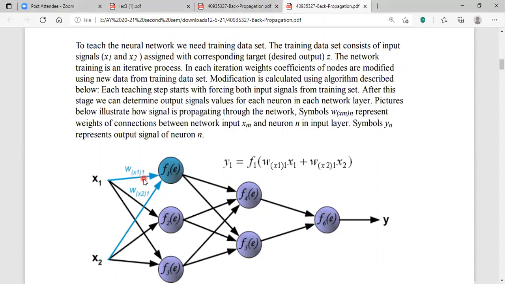The next index indicates the first neuron.